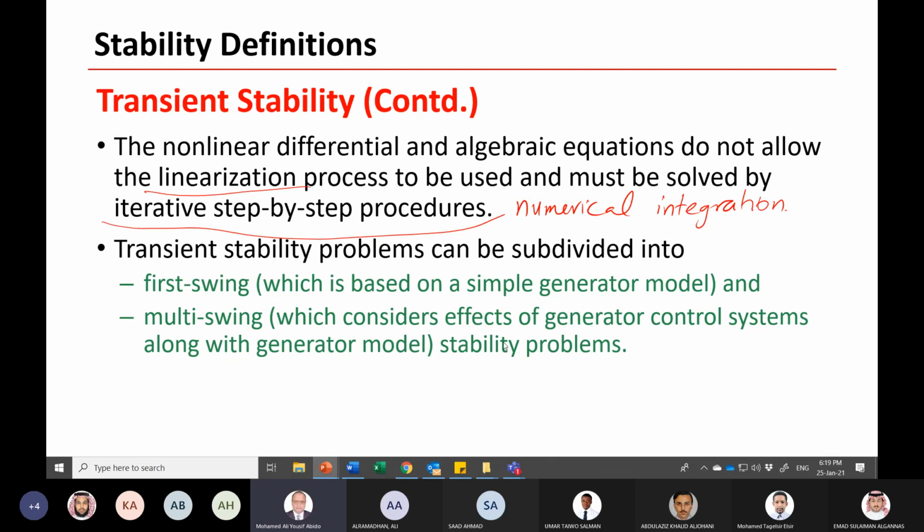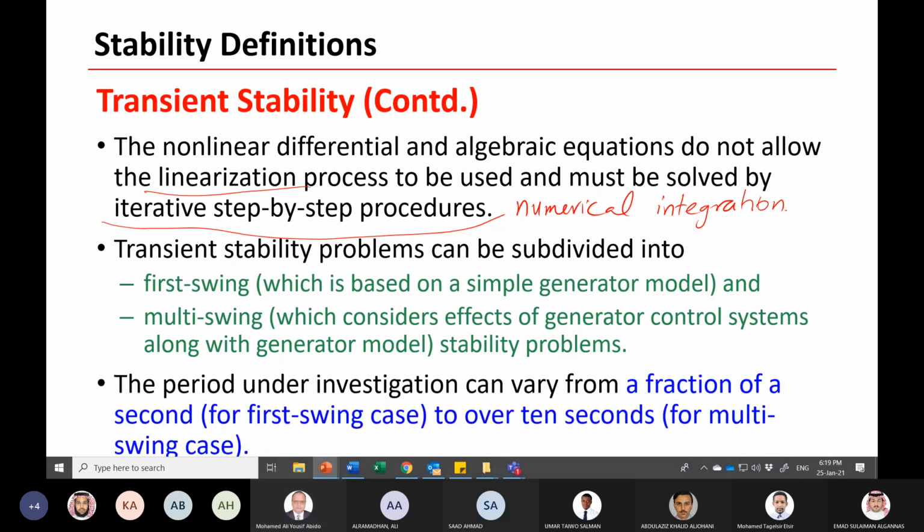If the time frame is longer, the effect of these devices is not a sudden change, but takes time, as we will see later on, the time constant of the turbine, the time constant of the automatic voltage regulator, and all these issues. So the period under investigation can vary from a fraction of a second, the first swing, to 10 seconds for the multi-swing case. The time frame is definitely longer in the case of multi-swing.